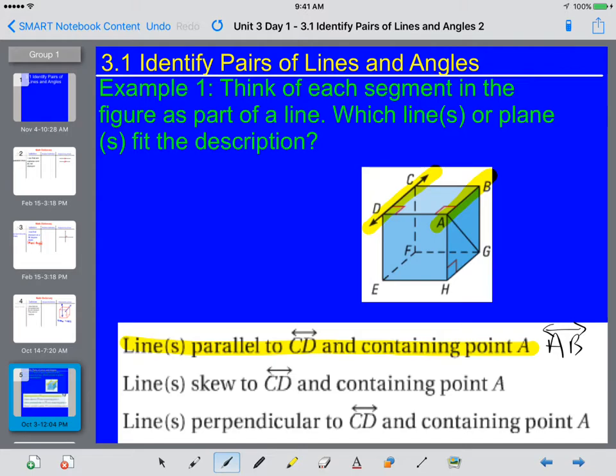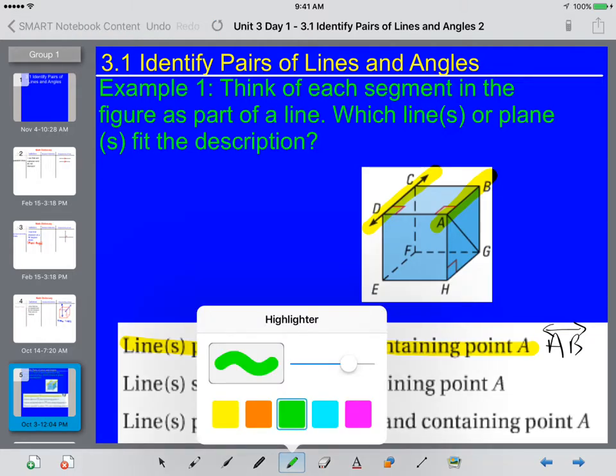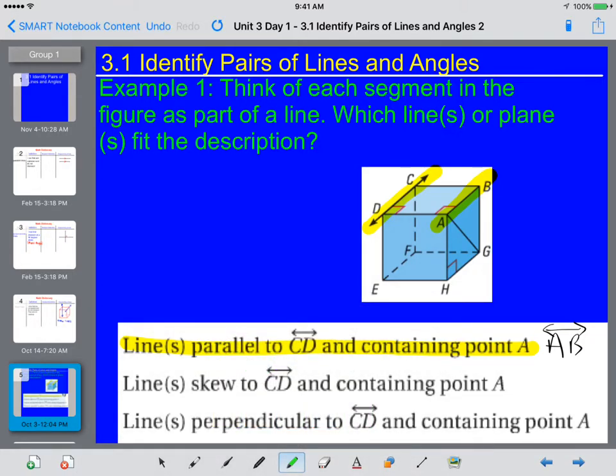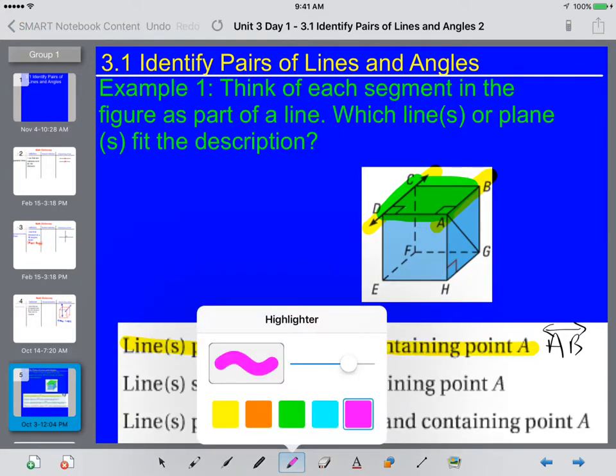Line skew to line CD and containing point A. So skew, I'm going to pick a different color to highlight. Again, here's point A, and we need it skew to CD, meaning here is the plane that CD exists in, and we need to pick a line that is skewed, meaning it's not in the same plane, and it's not going to intersect.